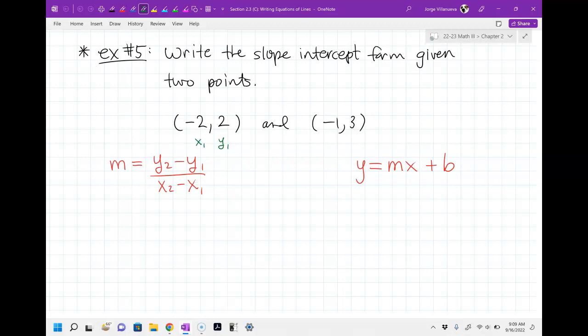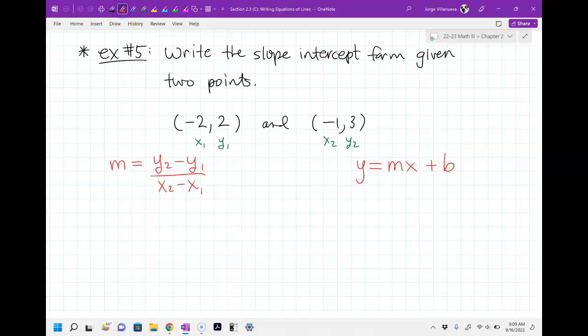Remember, a point consists of an x-coordinate and a y-coordinate, not 2 x-coordinates, not 2 y-coordinates. It's 1 and 1, x and y, okay? So x1, y1, x2, y2, all right? You can't mess this part up or else it's over at that point. You got to get this part right.